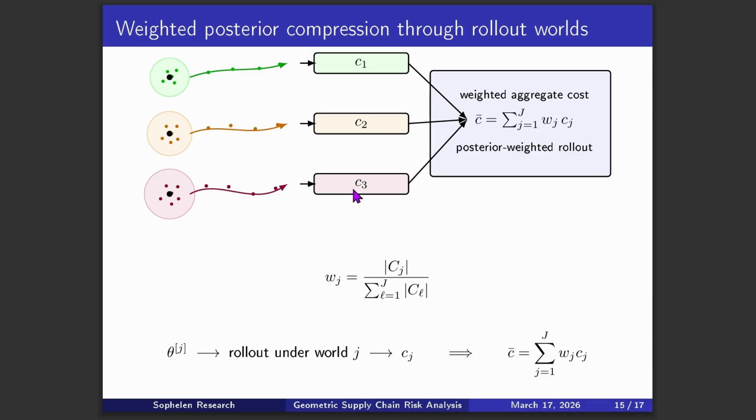From these metrics, right, you would create a final cost or risk by doing a weighted metric where the weight just pretty much depends on the cluster size. And there are many ways to do weights, but I feel this is probably easiest to do.